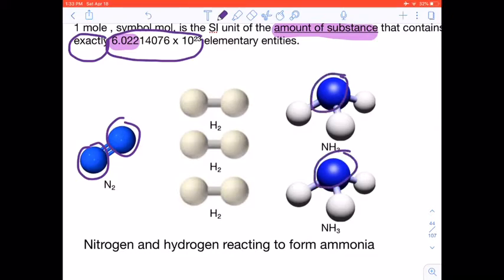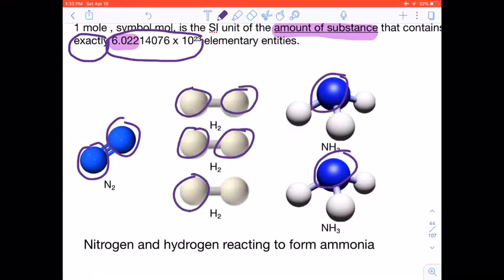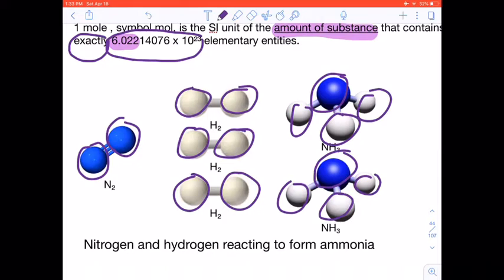Again, I'm showing you this at just a microscopic description of it. And the hydrogens I've got is 1, 2, 3, 4, 5, 6. I've also got 1, 2, 3, 4, 5, 6. So you can see the atoms are balanced, right?